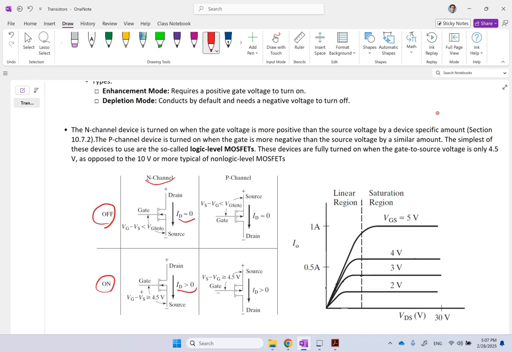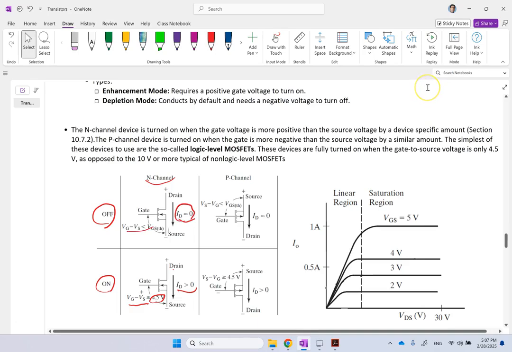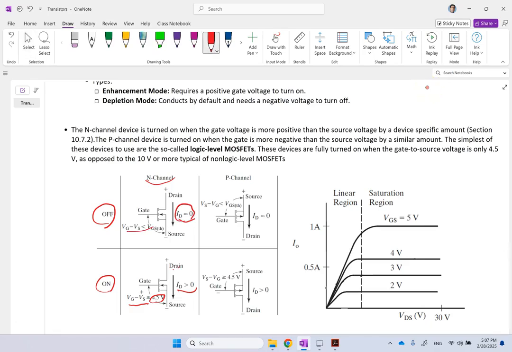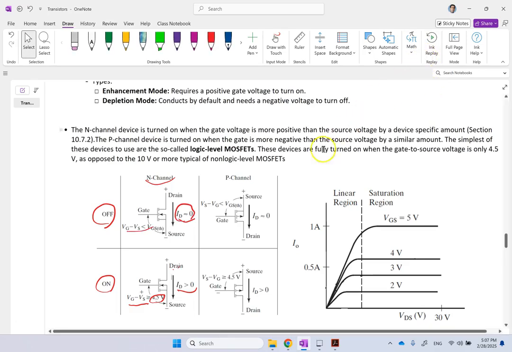Okay, and you see for the current to go from drain to source, you need the gate voltage to be bigger than the source voltage here by something like 4.5 volts. And if it's less than that, then you can see that the switch is off. So clearly here the current is going from drain to source, and the voltage of the gate should be bigger than the source for N channel.